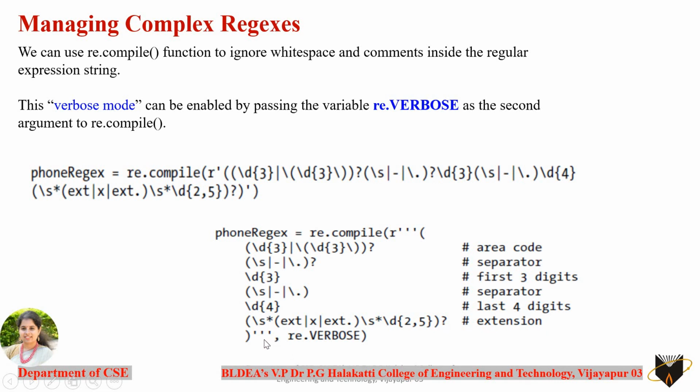After completing the design of the pattern, end it with the triple single quotes followed by a comma, and include the second argument for this compile method as re.VERBOSE. This argument tells that all the multiple spaces along with the comment lines need to be ignored when executing the program.